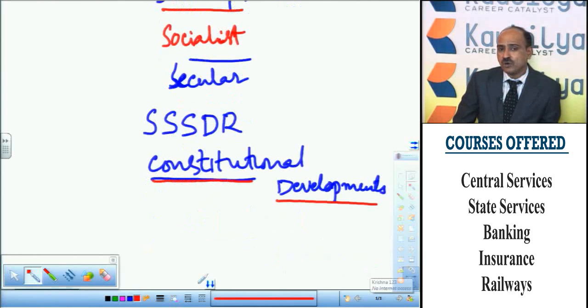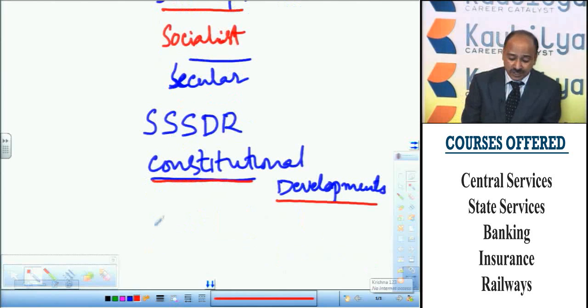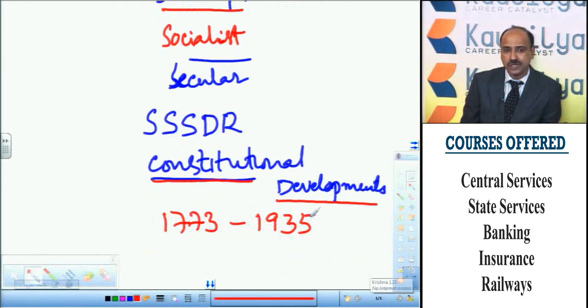Whenever we want to discuss constitutional developments, we have to discuss from 1773 onwards. From 1773 to 1935, Britishers made so many acts in our country. Actually, British impact was more on our constitutional development.